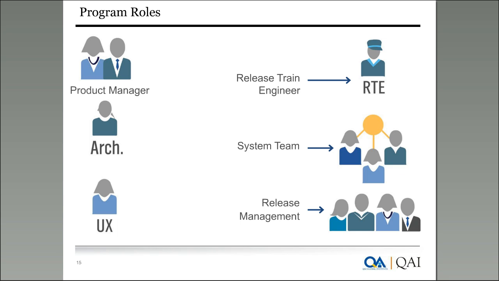There are also roles like the release train engineer, which is something like a super scrum master. He coordinates with all the scrum masters at the team level, and ensures that the program is on track. We also have the system team, whose focus is handling integration, system demos, continuous integration, and system health.